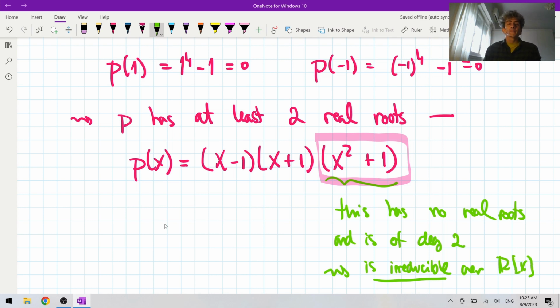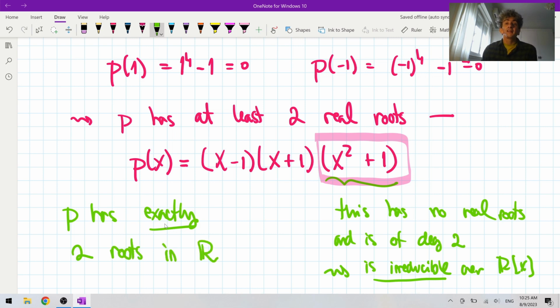So p has exactly two roots in R, and its factorization includes a polynomial of degree 2 which is irreducible over R of x. So what if we wanted all of the roots of p? Then we know that there's a field that we can construct which actually has at least one more root of p.